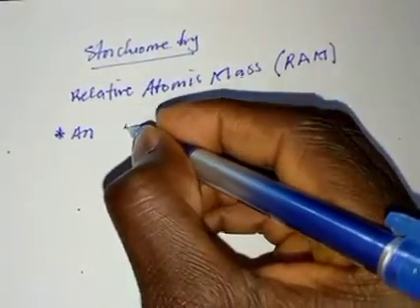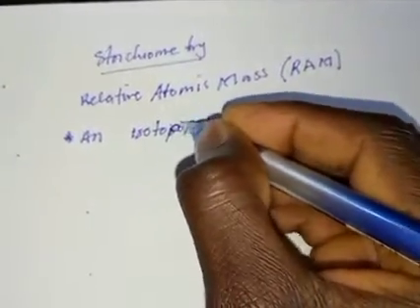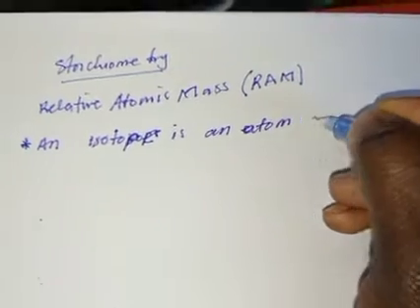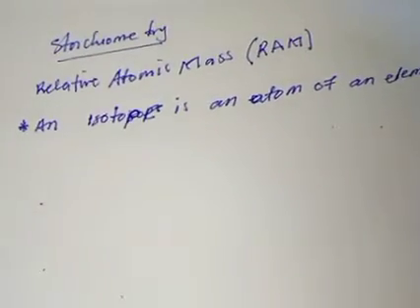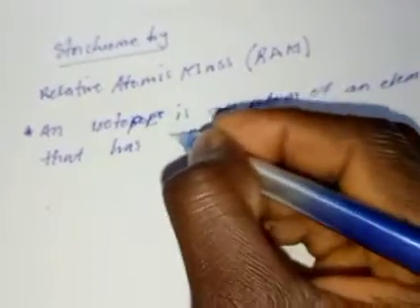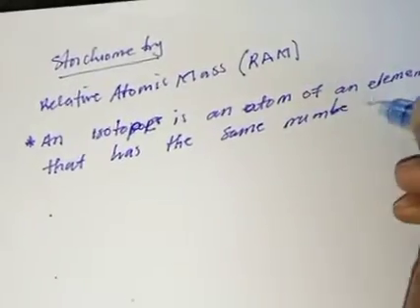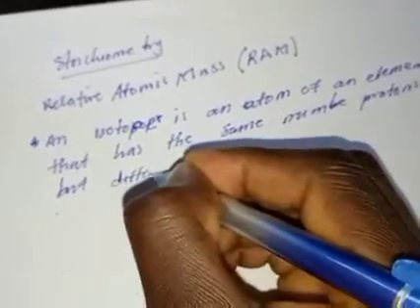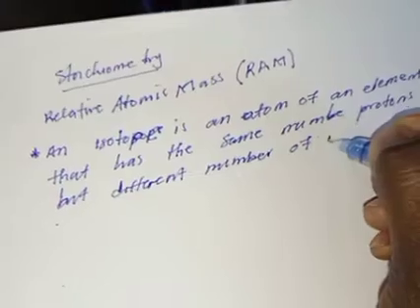So an isotope is an atom of an element that has the same number of protons but a different mass number.